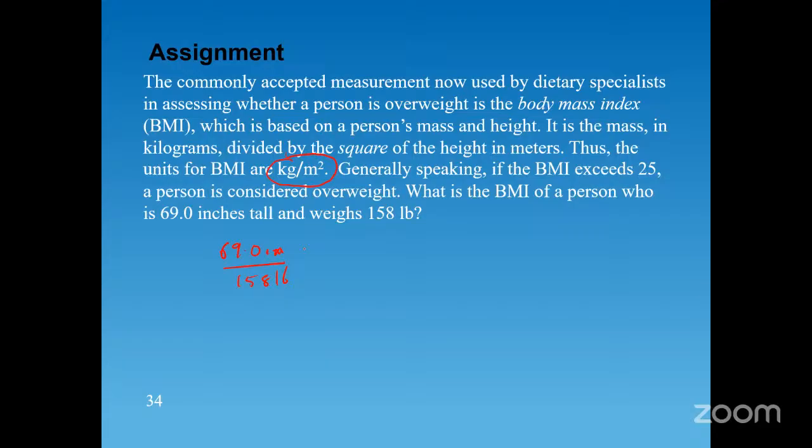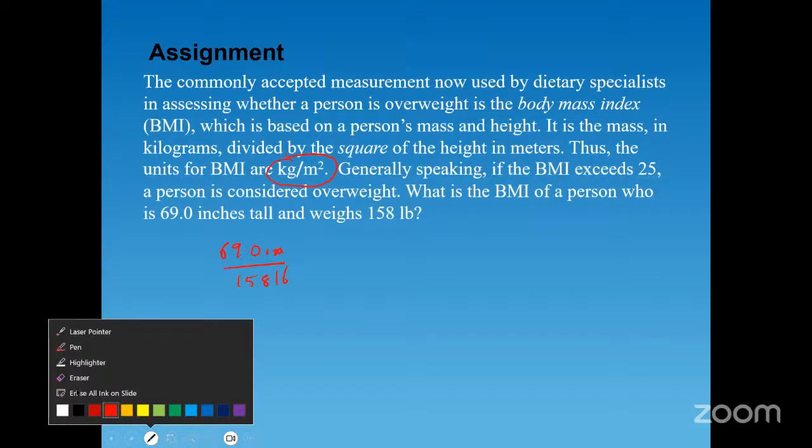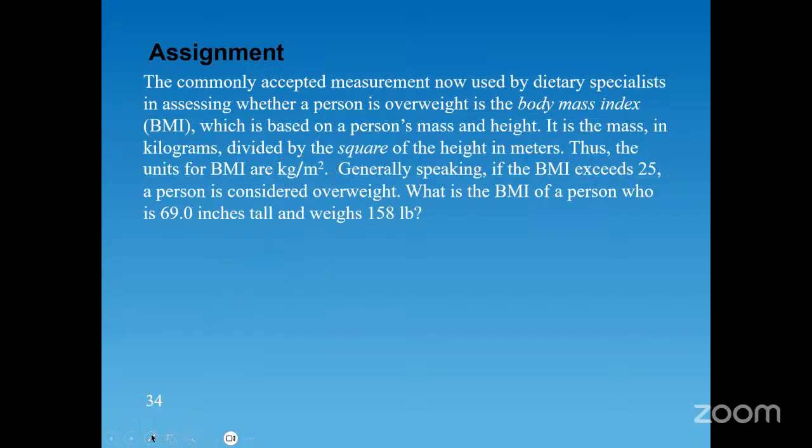So in the case of inches, actually it should be the other way around, my bad. It should be 158 pounds divided by 69.0 inches. All right. So I was saying that what I would do in order to carry out this calculation is focus on converting each of these units to the required units.